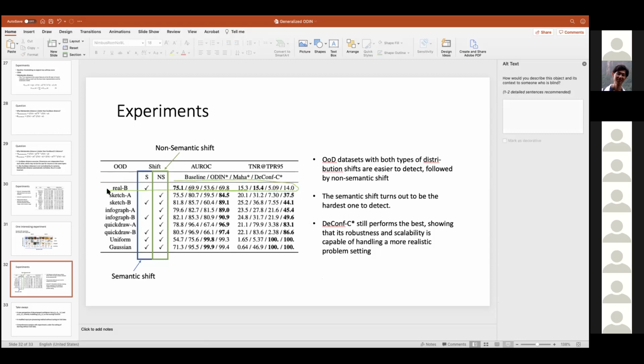This row is semantic shift. It means you have some new characters, and then it is actually not better than the simple baseline, which is thresholding on softmax. But for the rest of the scenarios, generalized ODIN is the best.